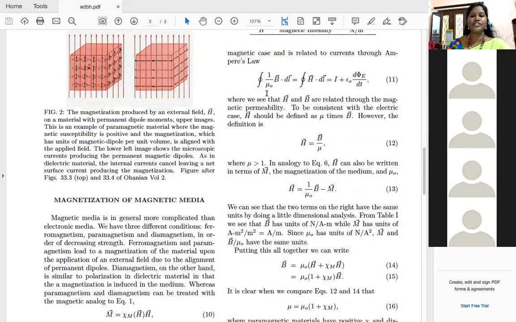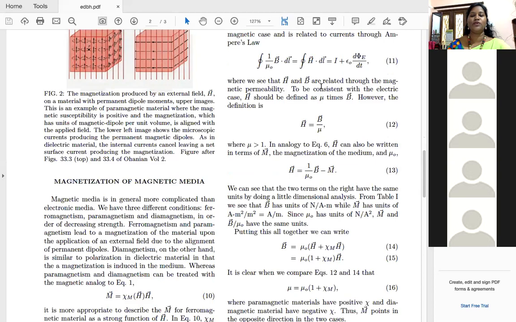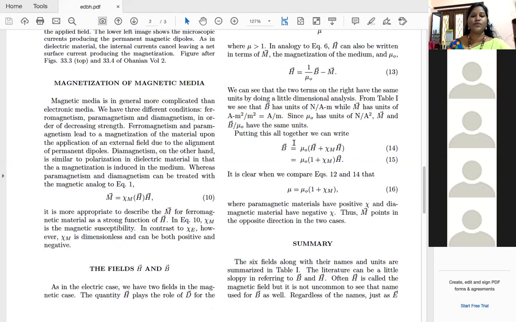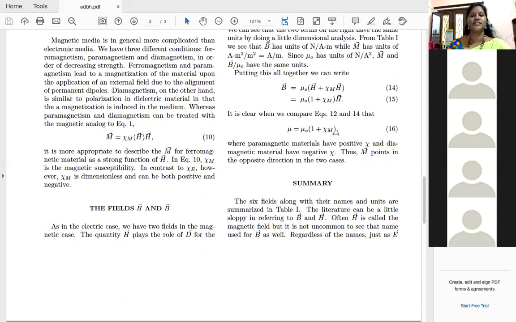And you can see the relationship between B and H here. Look at this integration: 1 by mu naught B dot dl is equal to integration H dot dl, or you can say 1 by mu naught B is equal to H. H is equal to B by mu, or H is equal to 1 by mu naught B minus M, where M is the magnetization of the medium, or B is equal to mu naught times 1 plus chi m times H. And also mu is equal to mu naught times 1 plus chi m.